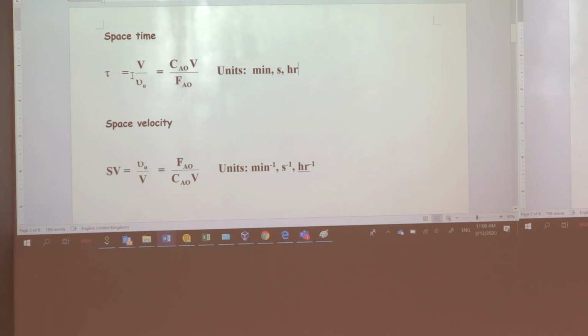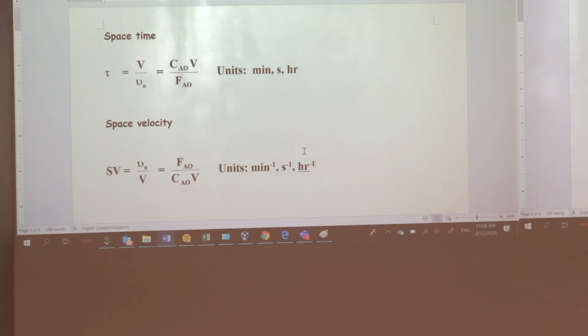Then you write this formula. Then what does it mean by space velocity? The number of reactor volumes that can be treated per minute or per second or per hour. So it means the number of reactor volumes that can be treated in unit time.